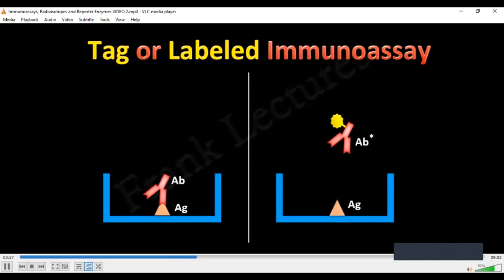This tag can be a radioisotope, enzyme, etc. We will discuss them further shortly. Now, when we add this tagged antibody to the microtiter well, the antibody will bind its specific antigen as usual. But this time we can confirm the binding by detecting the tag or label.